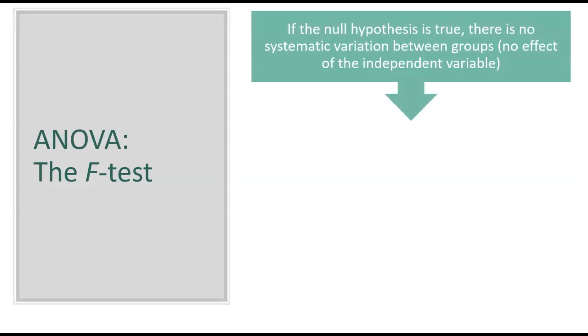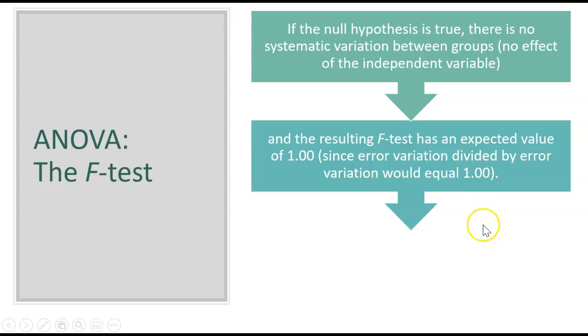Now, when we are going through the process of the F test, if the null hypothesis is true, there's not going to be systematic variation between the groups. And our inference would be that we're not seeing an effect of the independent variable in this case. And then the expected value of the F test, if the null is true, is going to be 1, since the error variation divided by the error variation would equal 1.